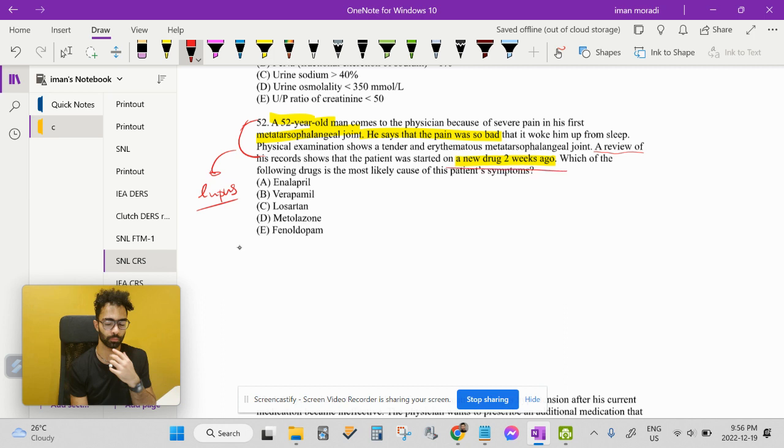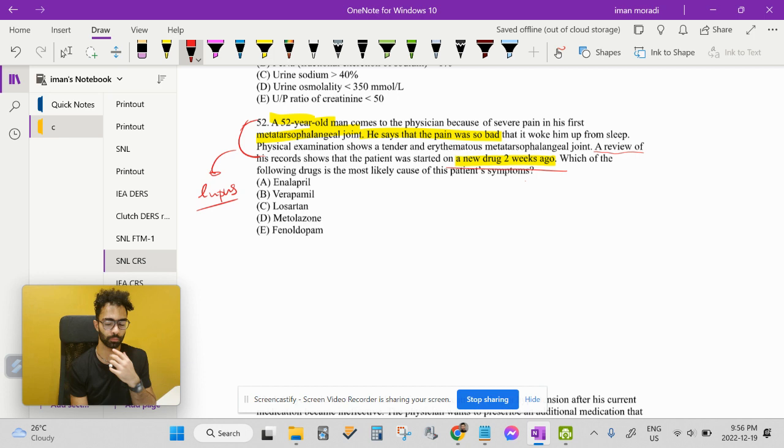Okay, what is a drug that causes lupus? I don't know. I think it's phenoldopam. Oh wait, it's not lupus. Excuse me, it is not lupus. I think it's pseudogout.